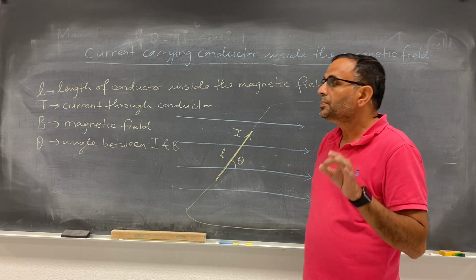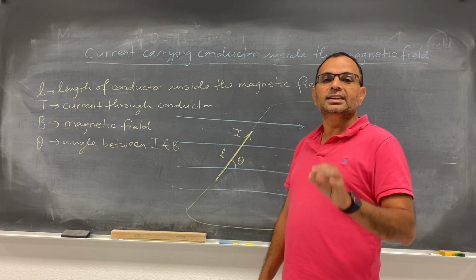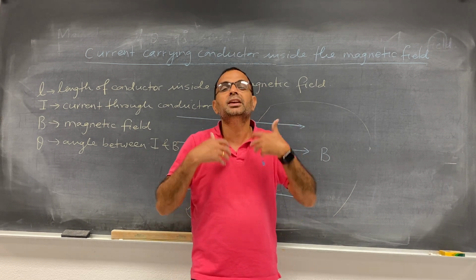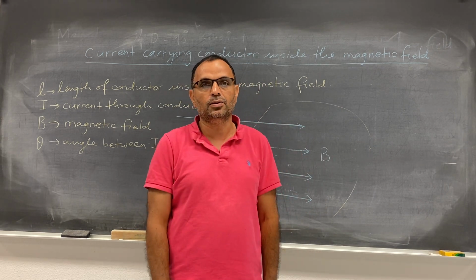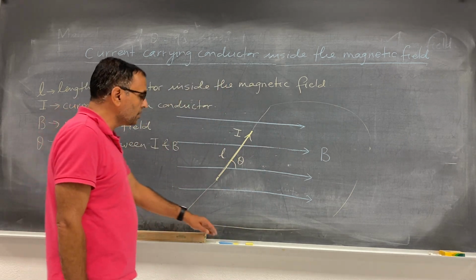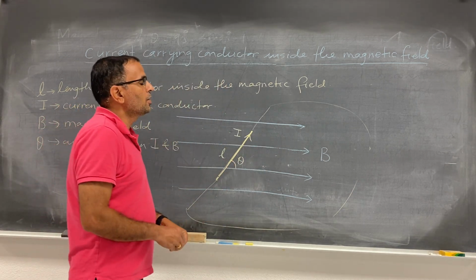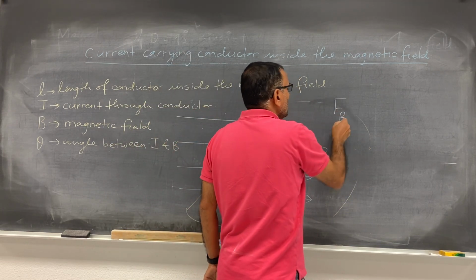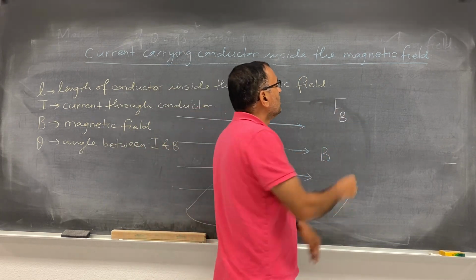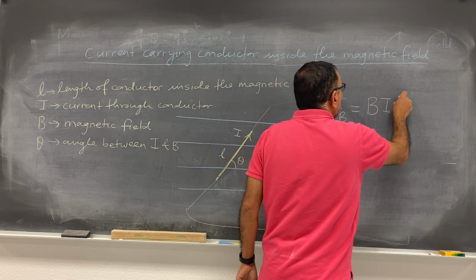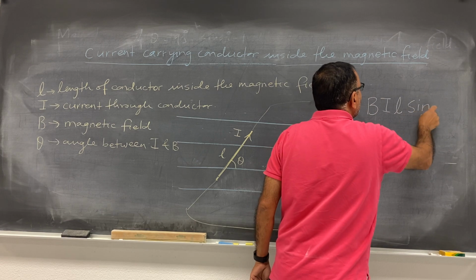Okay. So if the current carrying conductor is inside the magnetic field, that current carrying conductor also feels some magnetic force, and for the force experienced by the current carrying conductor, you can again use F_B equal to B I L sine theta.